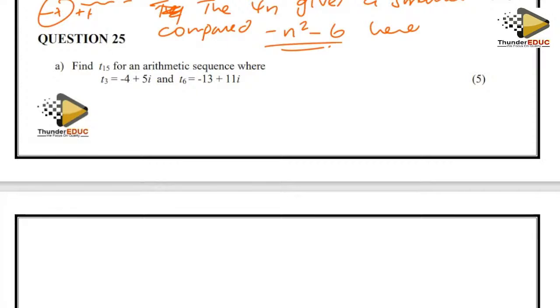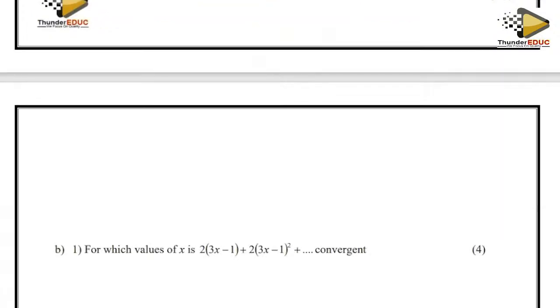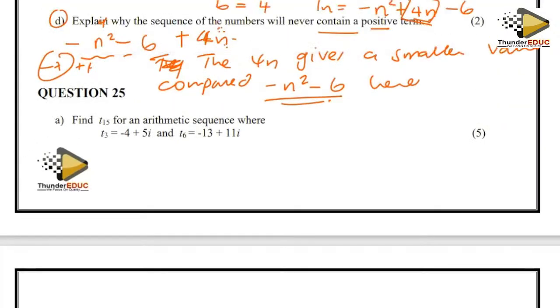Let's see. Since it's arithmetic, I'll keep the i as well, which means our T15 should also have the i. So it's a plus (n minus 1) times d.